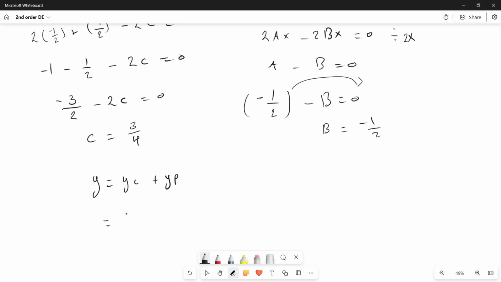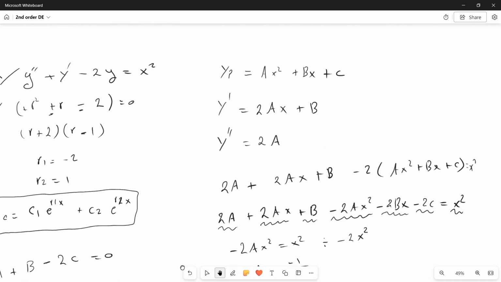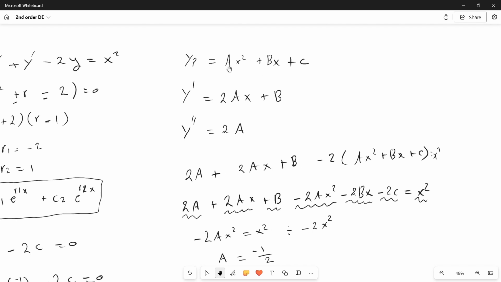We have yc as c1 e to the negative 2x plus c2 e to the x, since r2 is 1. Now for yp, we must substitute the values of a, b and c into this equation.